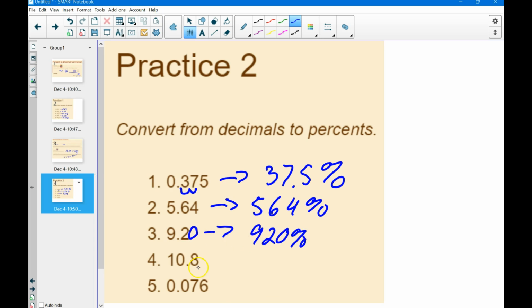Easy. Down here, we do the same thing. We throw in a 0. This becomes 1080%, and down here it becomes 7.6%. So again, just moving the decimal 2 places to the right, and we convert it into a percent. All we're doing is multiplying by 100.